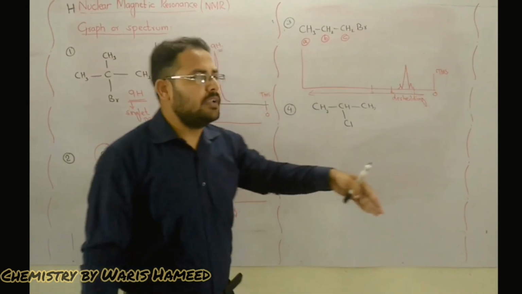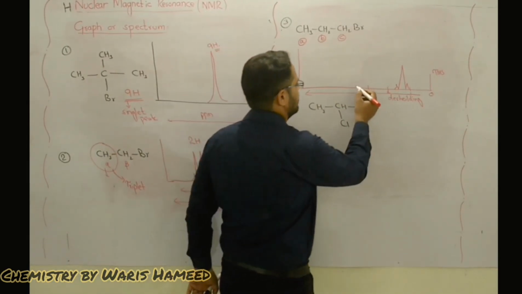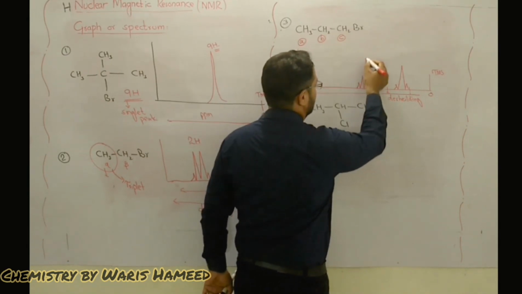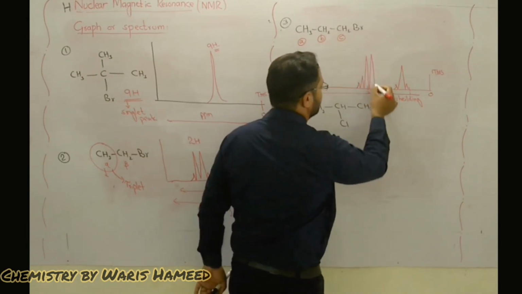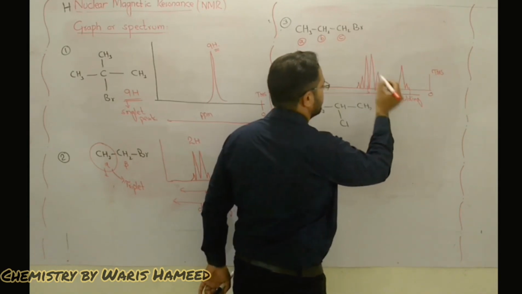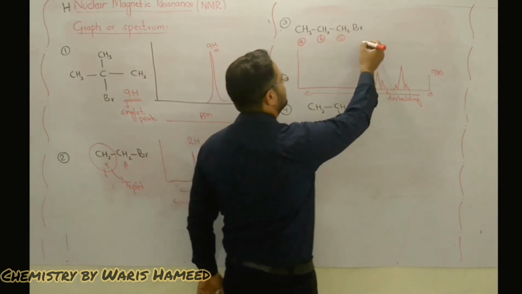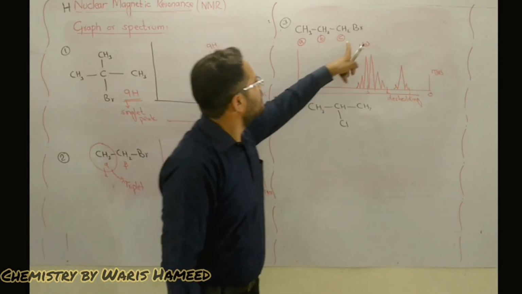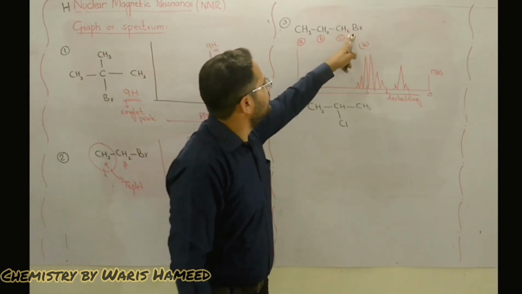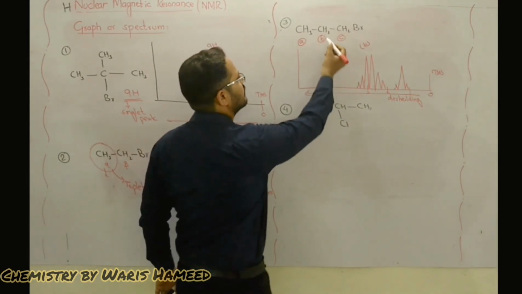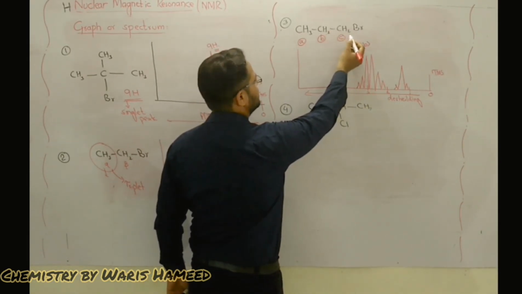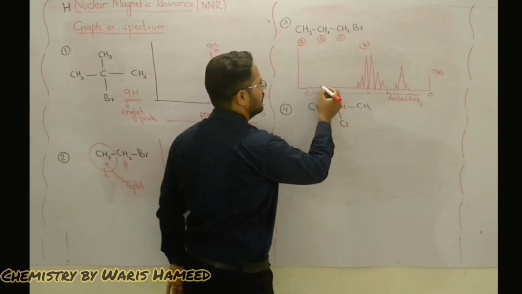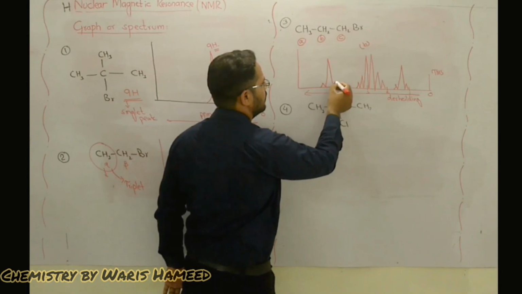Then its peak will consist of 6 parts. So it's for B proton. And for C proton, its peak will consist of itself and 2 other protons, so it will be a triplet.